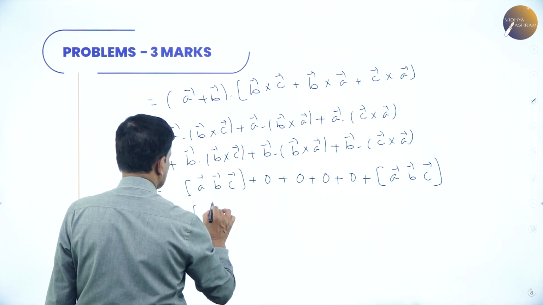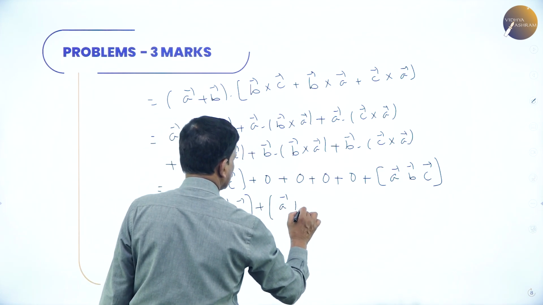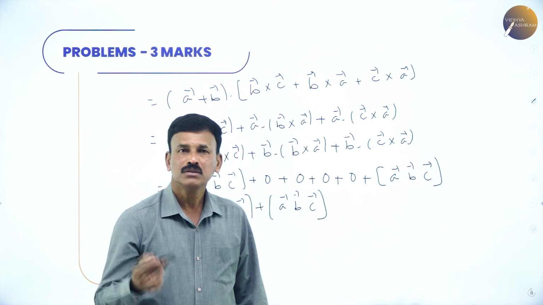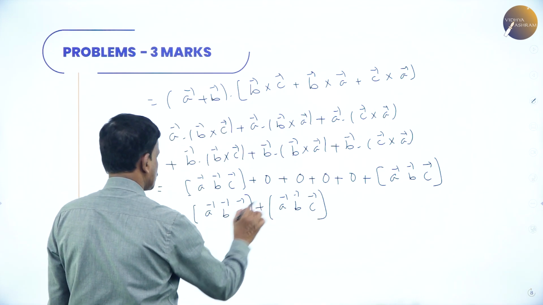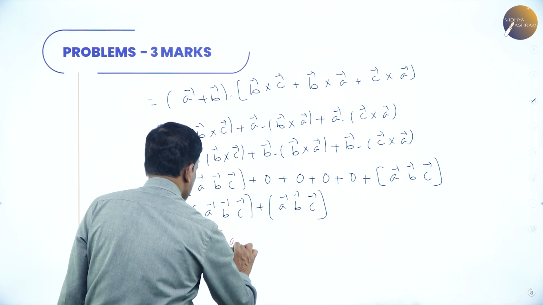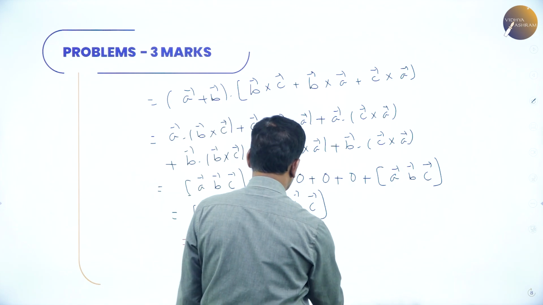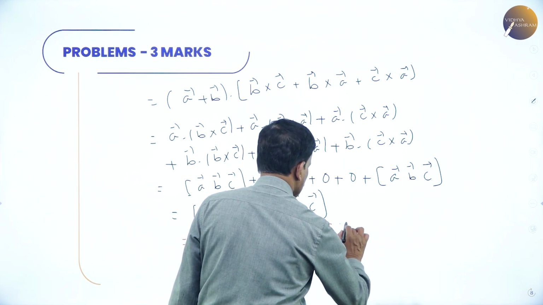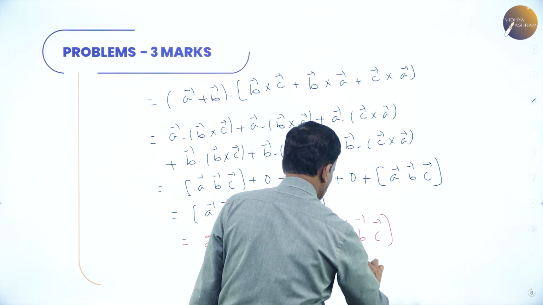This is one box product a, b, c plus another box product a, b, c, which is 2 times the box product of a, b, c. So therefore the required answer is 2 times the box product of a, b, c, which is the RHS.